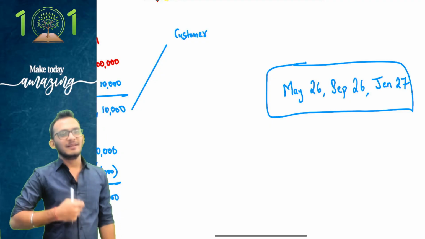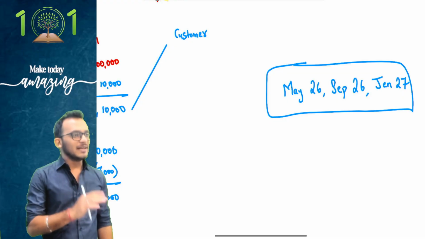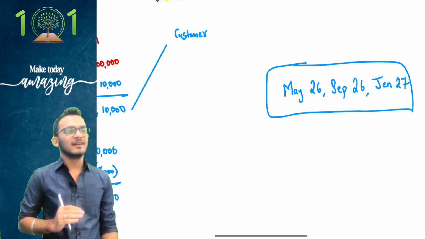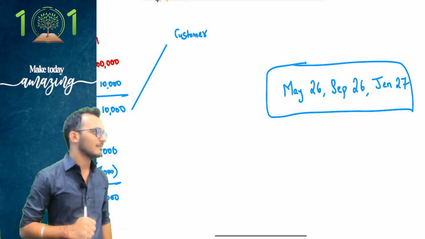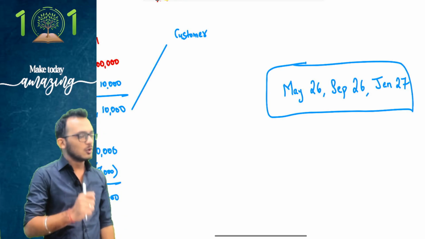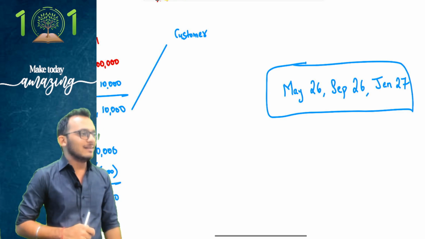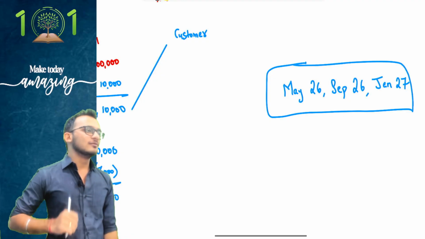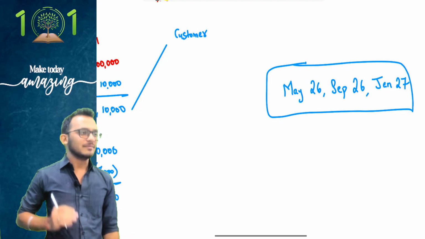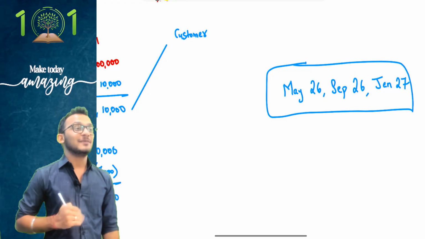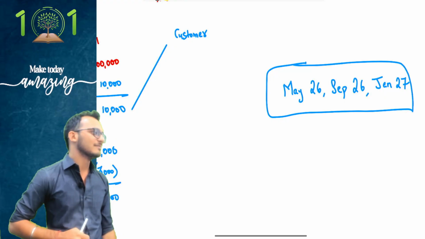Which basically means, my dear people, that if you are writing May, good. If you do not get through September, Jan, safe. If you're writing September, good. If you do not get through Jan, safe. If you're writing Jan, did not get through, you have to come back to class. Everything will change, especially for you people, because you're extremely lucky.